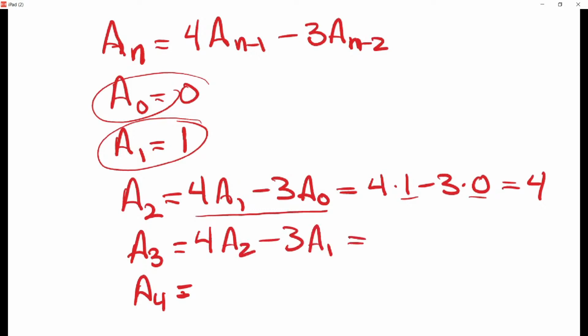Very nice, that's beautiful. Now we need to make the substitution. Sarah, what do you get? 4 times 4 minus 3 times 1. Very nice. Joseph, what's the final answer for this thing?